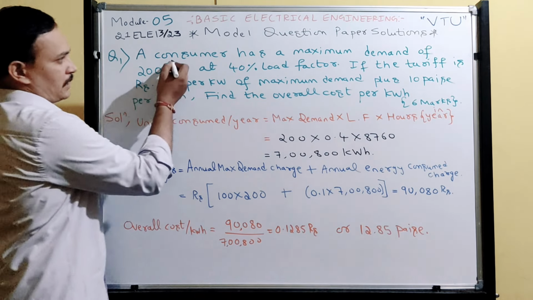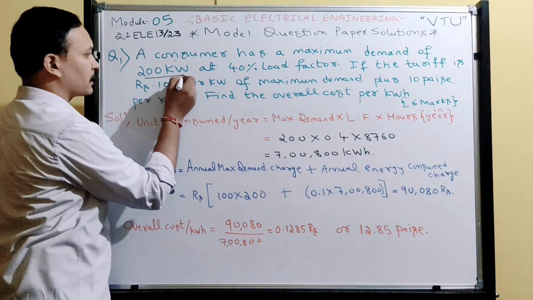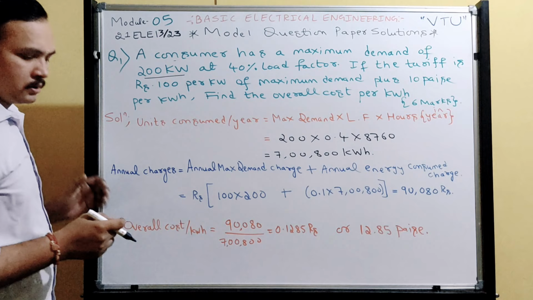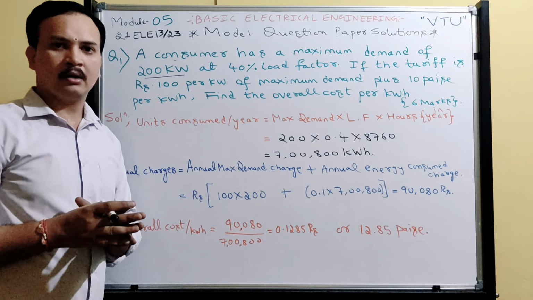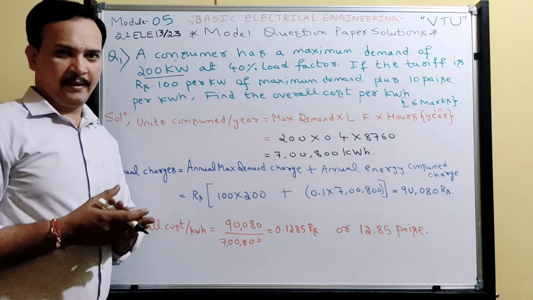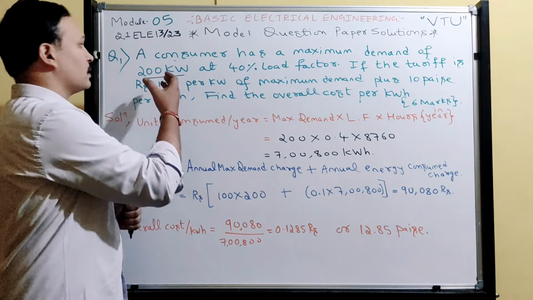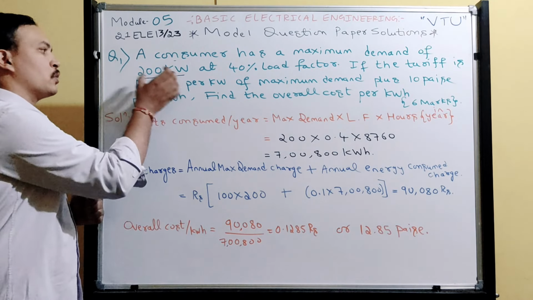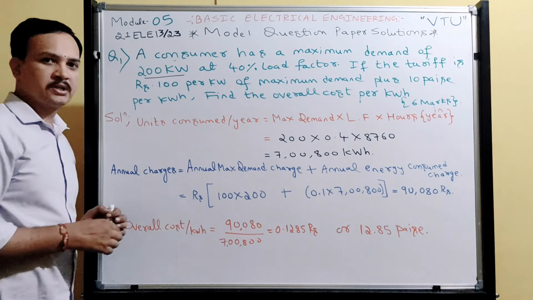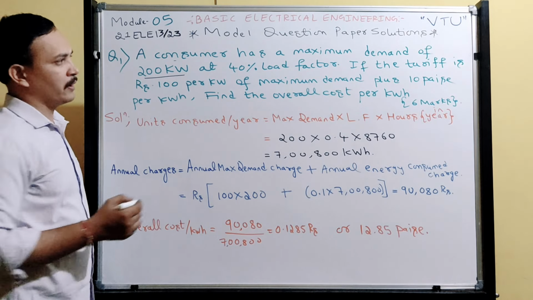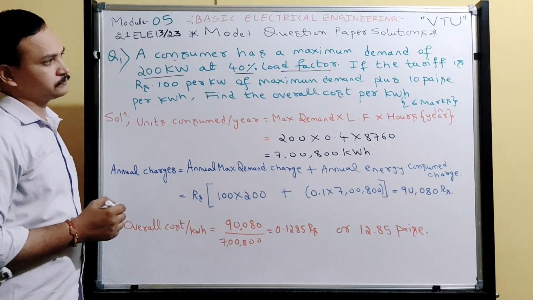First question: a consumer has a maximum demand of 200 kilowatt. Any type of consumer, a domestic consumer or an industrial consumer, whatever it may be, needs some power. So he is asking for a maximum demand of 200 kilowatt, at 40% load factor.